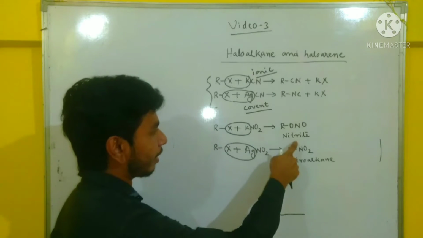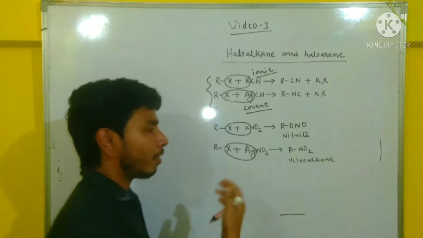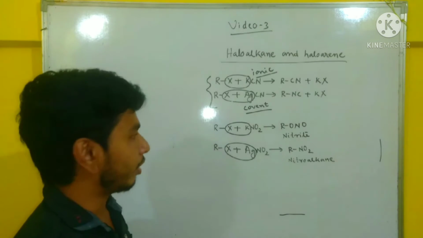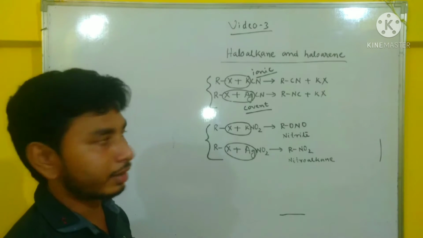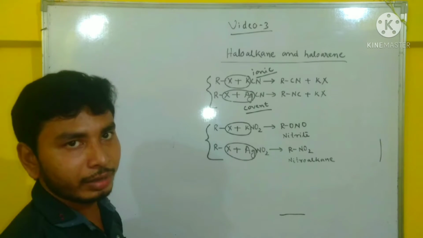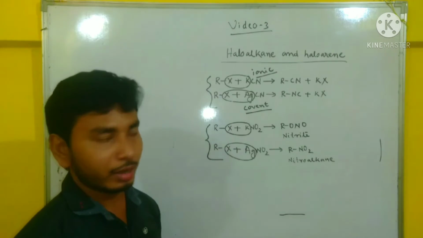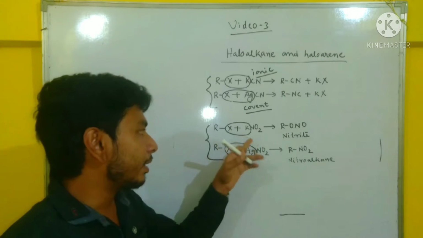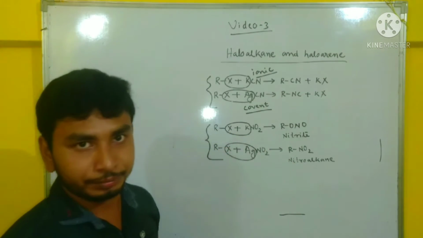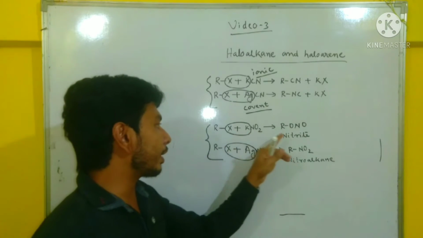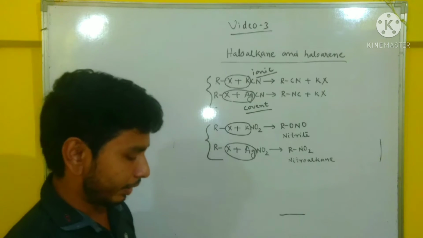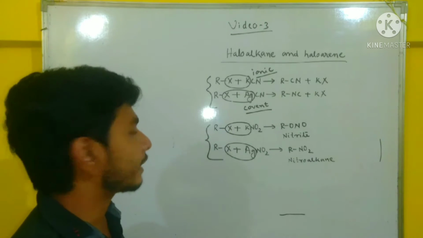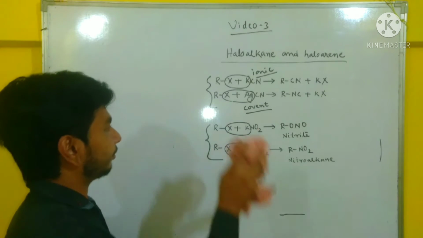What is the possible explanation? Now we are going to explain this question. With KNO2 we get the nitrite, with AgNO2 we get the nitroalkane. Why? Now let us explain this question.